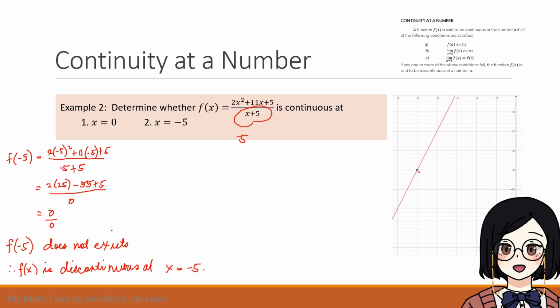So, if we trace this graph, we will be interrupted by this hole in order to continue tracing the graph. Therefore, we can say that f(x) is not continuous at x equal to -5.